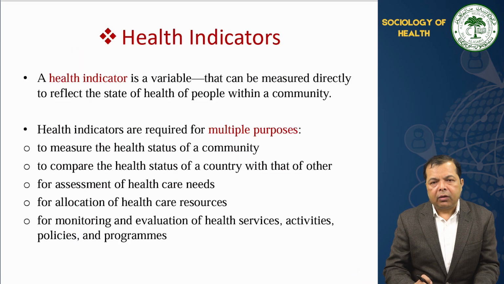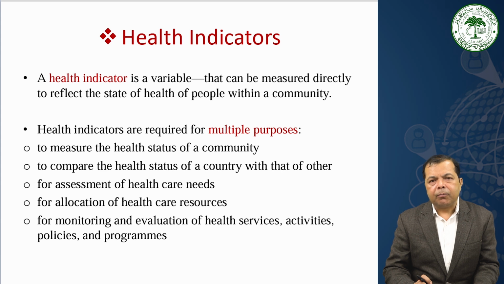Now we will begin with health indicators. A health indicator is a variable that can be measured directly to reflect the state of health of people within a community. Health indicators are required for multiple purposes.